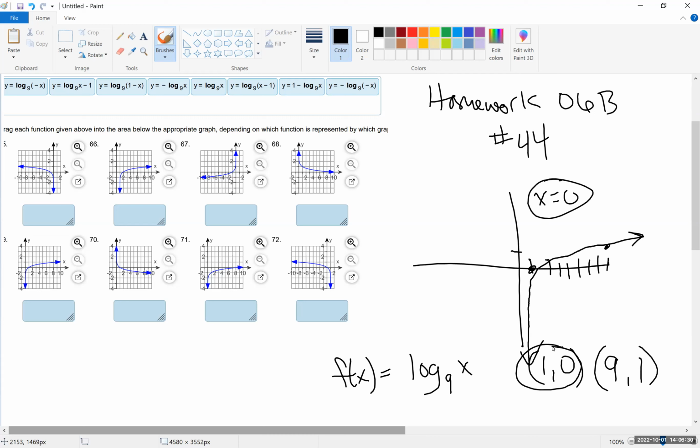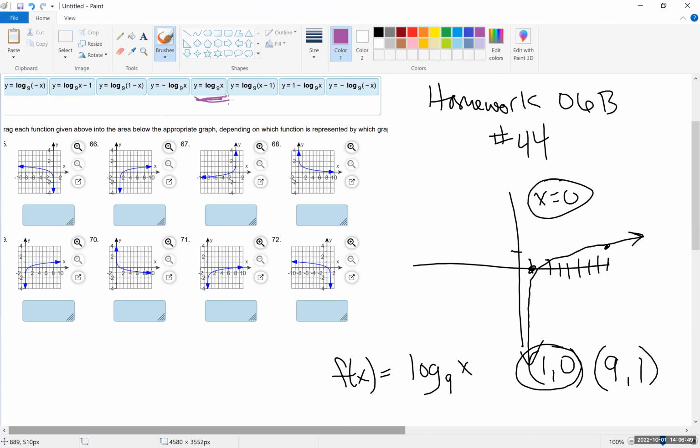Okay, so when we're going through here, we have 1 right here. Here he is right there. This is the logarithm without any transformations. So we know the shape is going to be going from the bottom to the upper right.